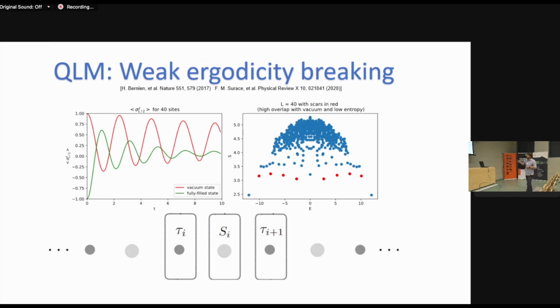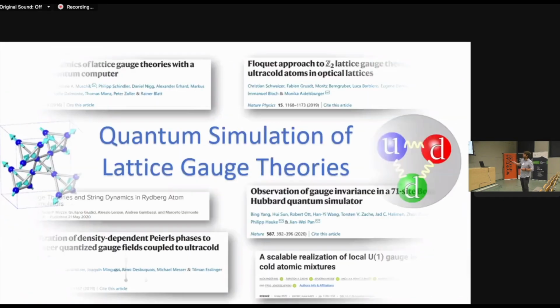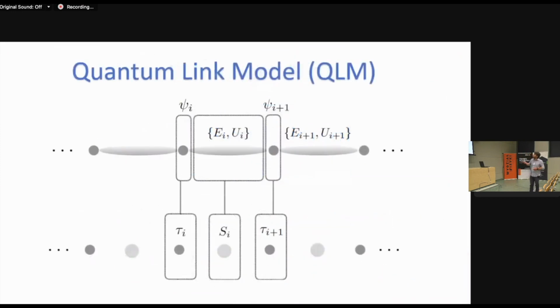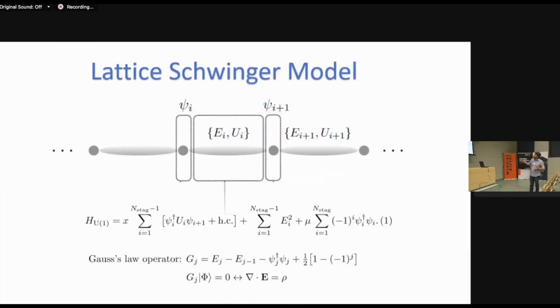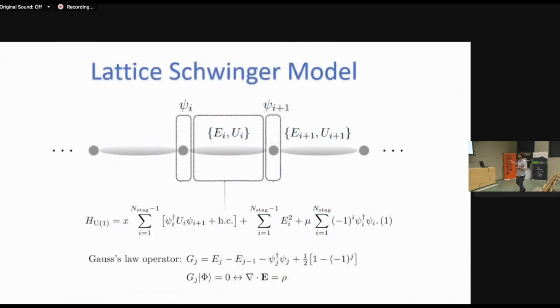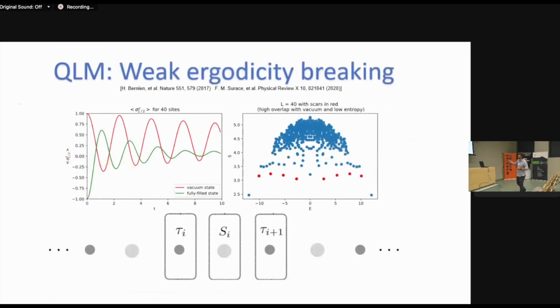Here is shown the entanglement entropy as a function of energy of this quantum link model. You see there are a couple of states which have low entanglement entropy, these red ones, which are equidistantly spaced in energy.